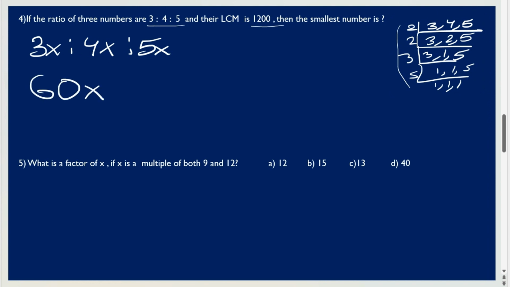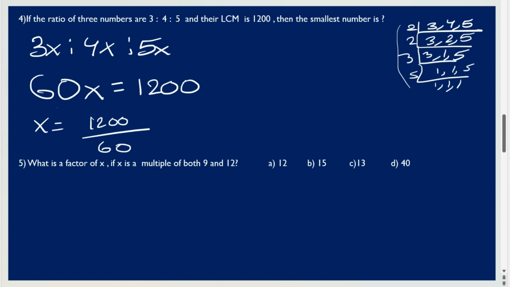So let's write 60x equals 1200, right? So their LCM, which is 1200. I'm going to find x. Then 1200 over 60. Okay, now let's just cut those, and then that's 1, and that's going to be 20. So, okay, x is 20.